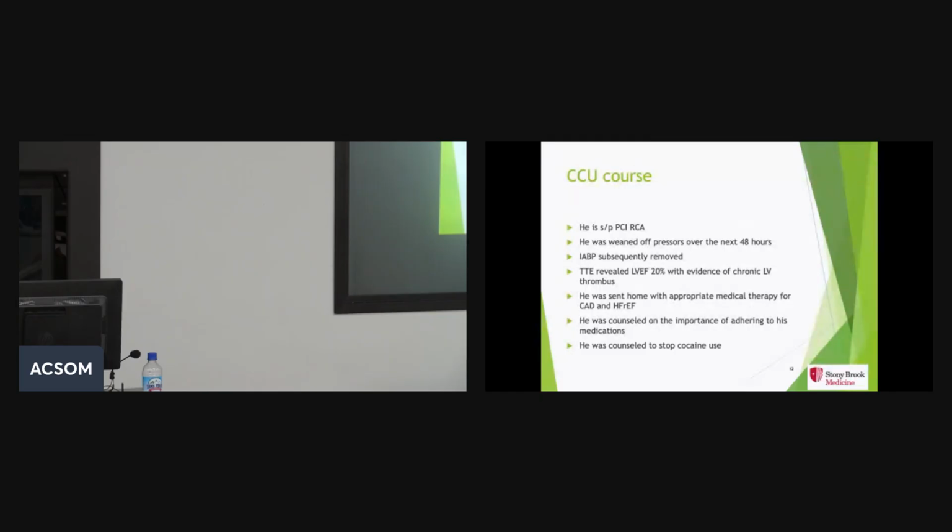We talked about it yesterday. When you have an LV aneurysm, what's the ECG finding? Persistent ST elevations in the presence of Q waves. So the ST elevations that you saw is from the aneurysm he developed in 2007.